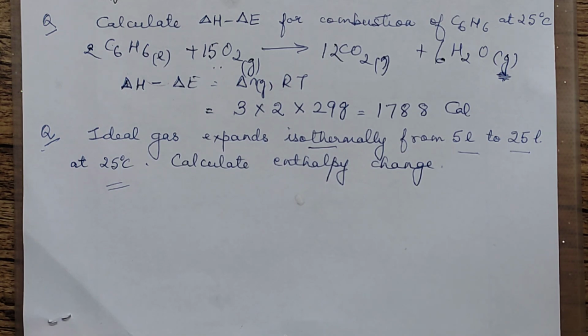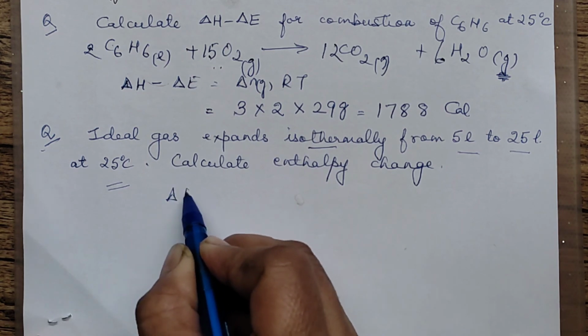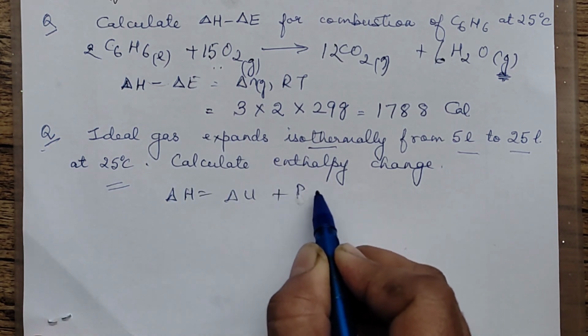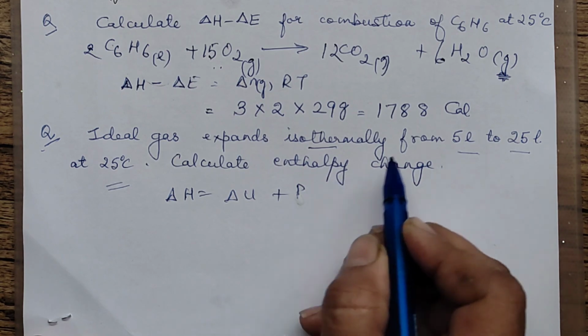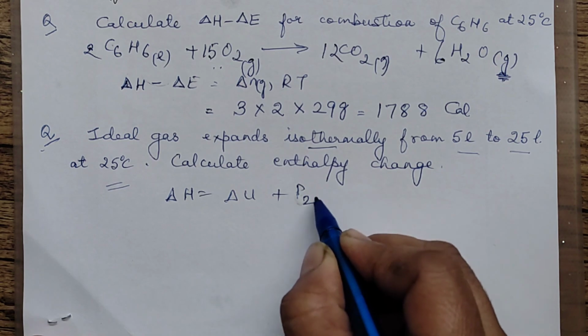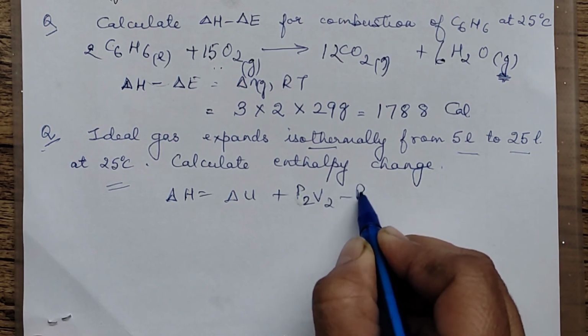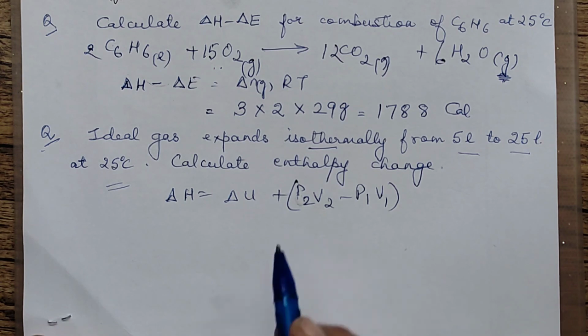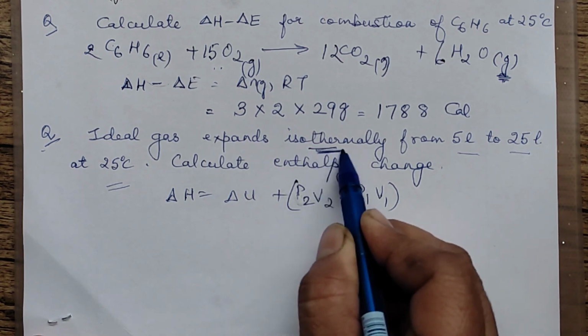You will be using the formula delta H is equal to delta U plus P delta V. Actually volume is changing here, so about pressure they are not talking, so let us use this formula where both are variable.